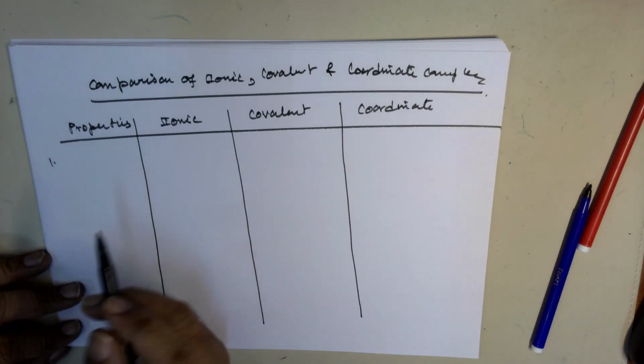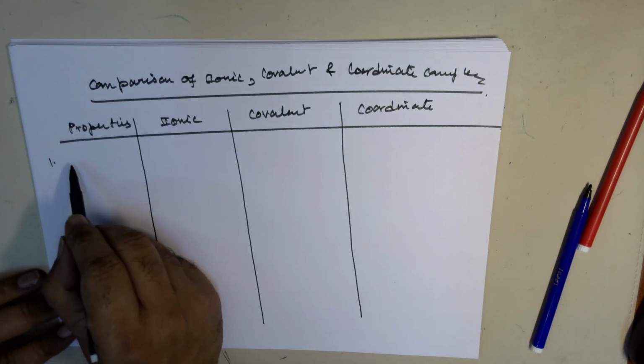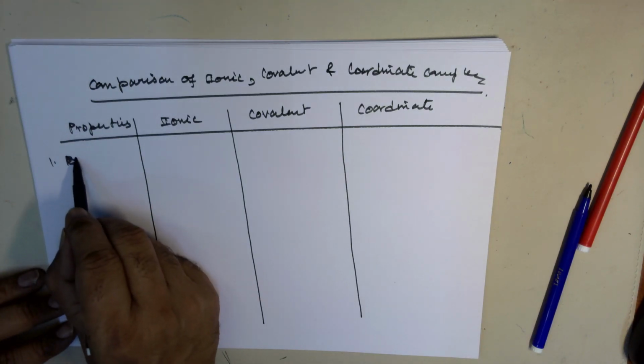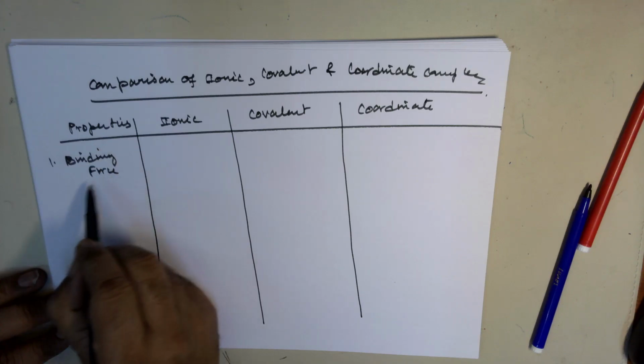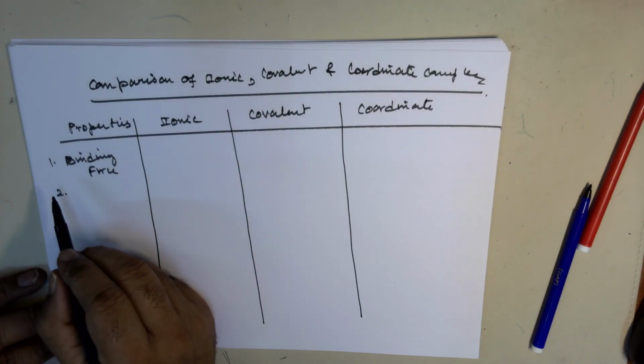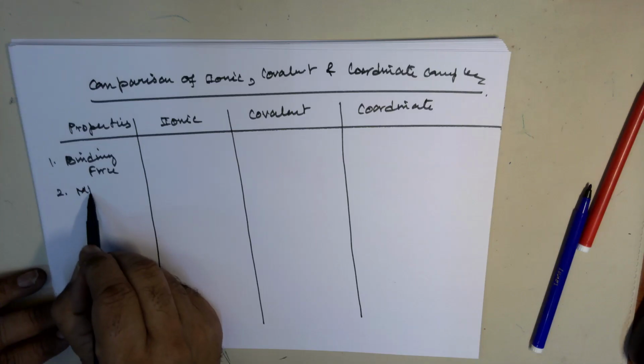Now let me list out the properties. Binding force. Second, melting point or boiling point.